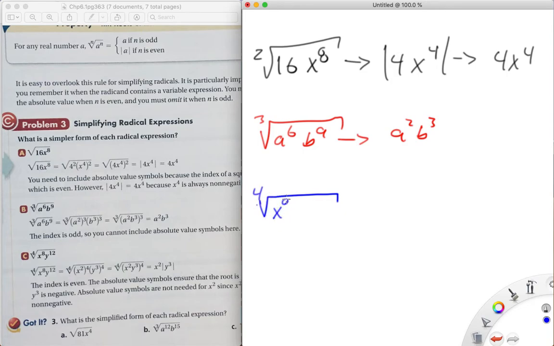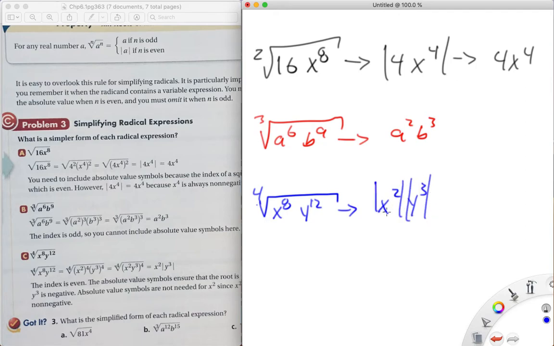But I mean, I understand why the book is doing what the book has to do. Alright, y to the 12. Again, I'm dividing by 4. So 8 divided by 4 is x squared. Y to the 12 divided by 4 is y to the 3rd. Since this is a positive number, both of these are being absolutely valued.